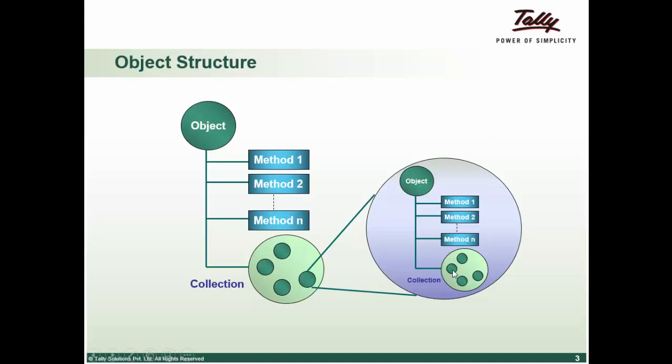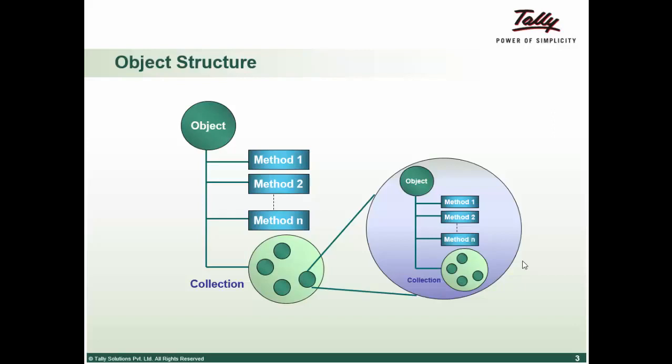This sub-collection is a group of sub-objects. This object can further contain methods and/or collections. And we will go down in the hierarchy to a level where the objects will only have methods. Everything in TDL is an object.